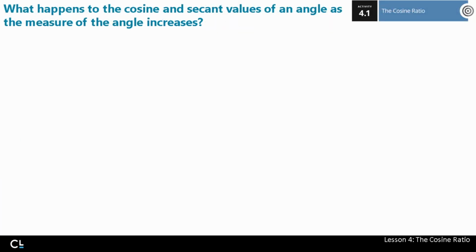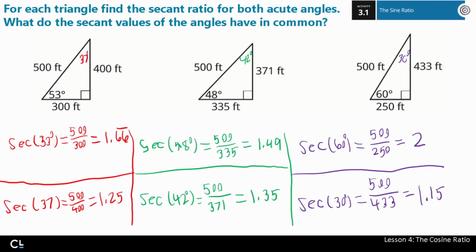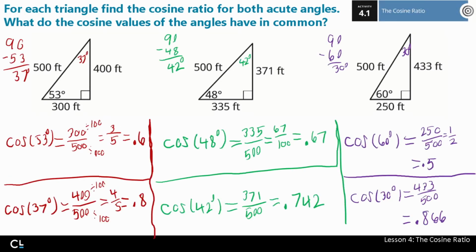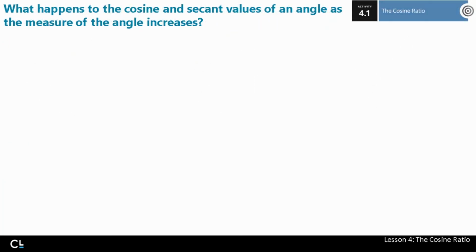Let's keep it moving. So what happens to the cosine and secant values as the angle measures increase? So once again, let's look at our angle measures. Here, our secant gets closer to 2, and here, our cosine gets closer to 0. So we could write cosine gets closer to 0.